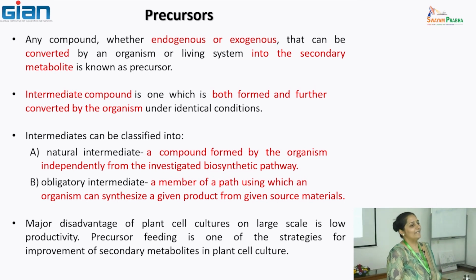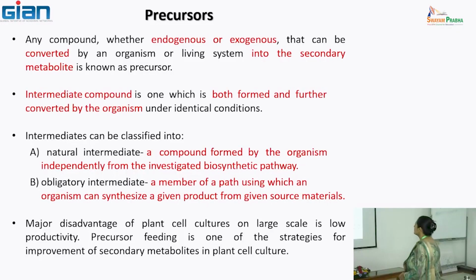But that's not necessary. You do not know the nature of that intermediate. Some of the intermediates might be toxic to the cell. They might not even be available to the cell to be taken up. It has to cross a number of membranes. So the availability of the precursor to come in is one prerequisite.